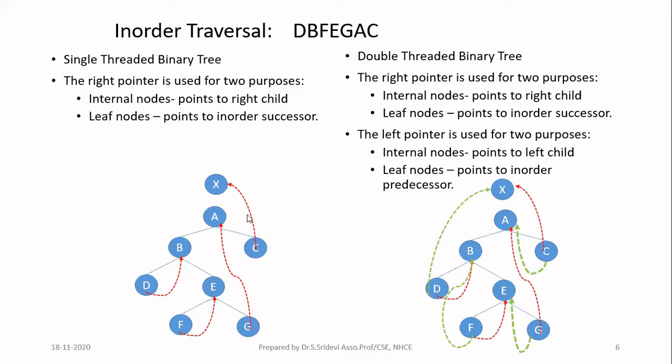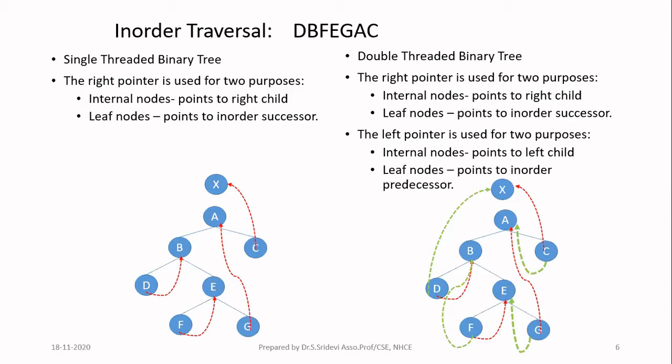Now let us see what we are going to store in the double threaded binary tree. In case of a double threaded binary tree, I'm not going to focus on the red color pointers because just now we have seen they store information about the successor in the in-order traversal. Now look at the left null pointer. In the left null pointer, we are going to store information about the predecessor in the in-order traversal.